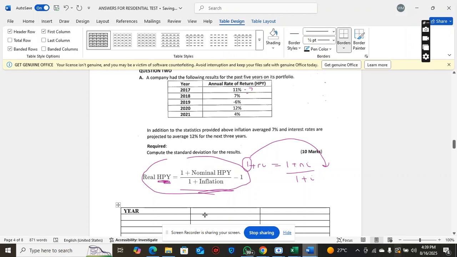Here we've got our annual HPY, then we have our adjusted HPY, the one adjusted for inflation.